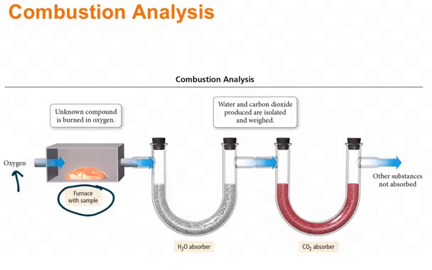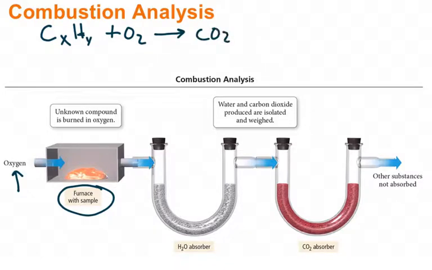The sample could be just a hydrocarbon, where you have X amount of carbons and Y amount of hydrogens, and our goal is to find out the value of X and Y, how many carbons and hydrogens in the empirical formula. When you burn something, when it undergoes combustion, oxygen is used, and you form carbon dioxide and water.